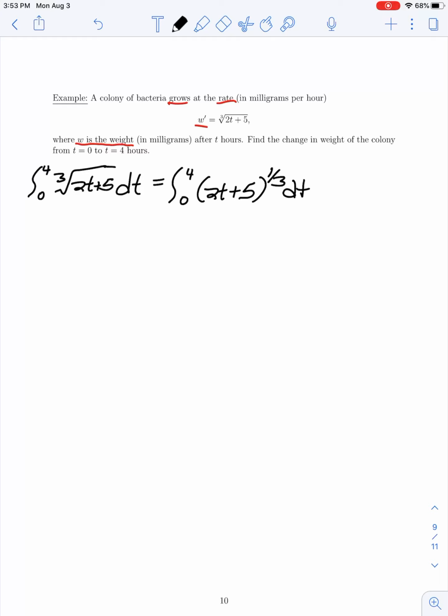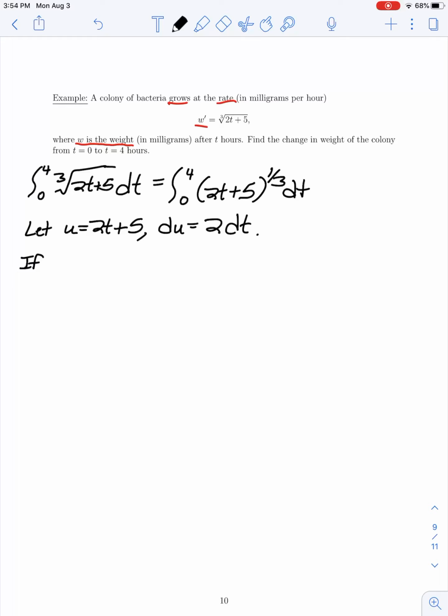So to evaluate this integral, we see it's a composite function, so we can make use of substitution. If we let u equal 2t plus 5, then the differential of u is 2 times the differential of t, dt. Since this is a definite integral, we need to change our limits of integration from t values to u values.